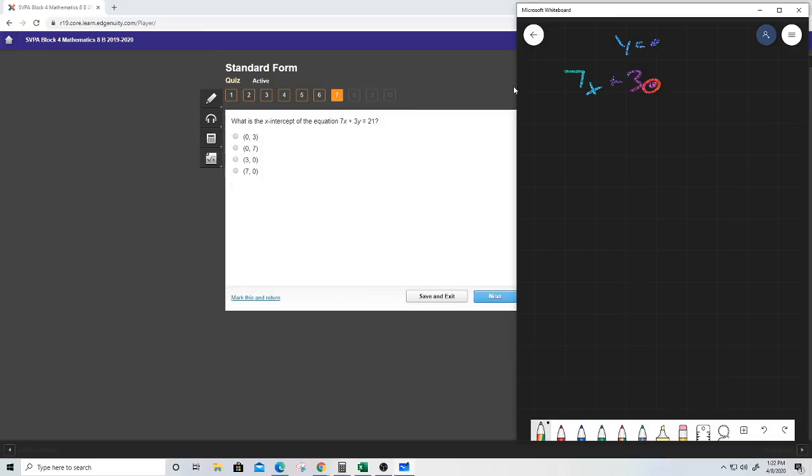Alright, 0 equals 21. So this goes to 0, right? 7x equals 21. Divide everything by 7. X equals 3. So, alright, good. And the x coordinate was 3.